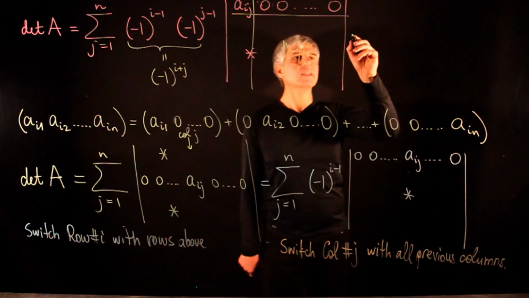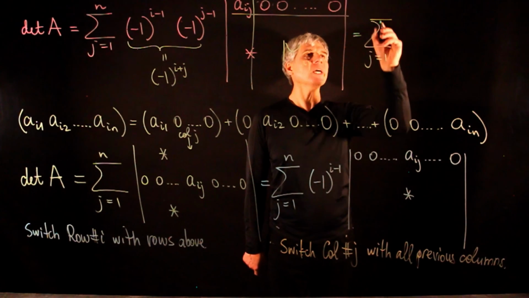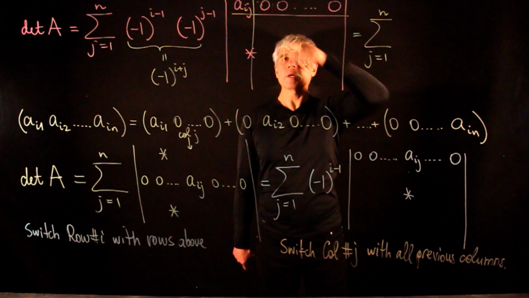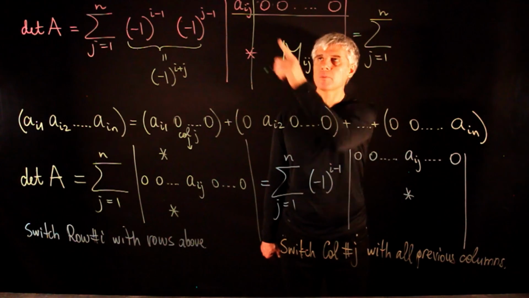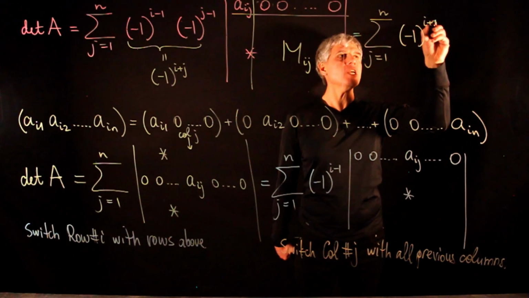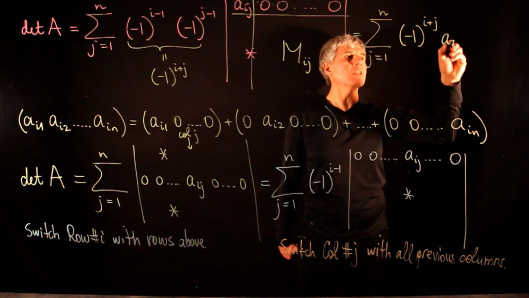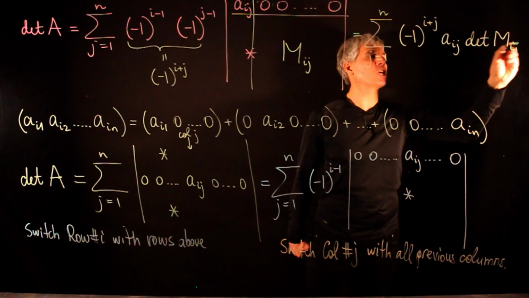So what we get is the sum j goes from 1 to n. We apply the formula for the determinant of the matrix with a block of zeros. So we'll have minus 1 to the i plus j times aij times determinant of the block mij.